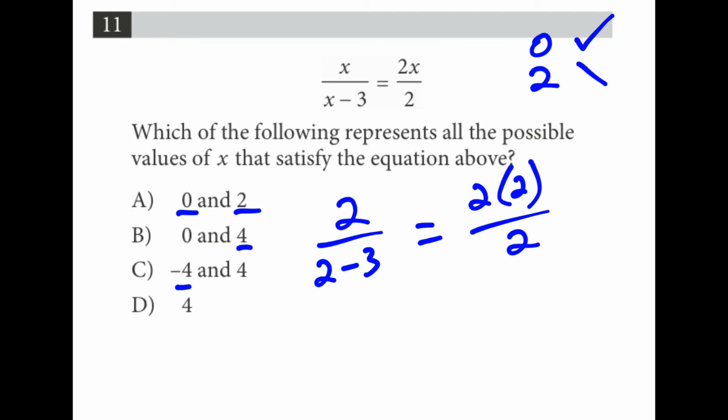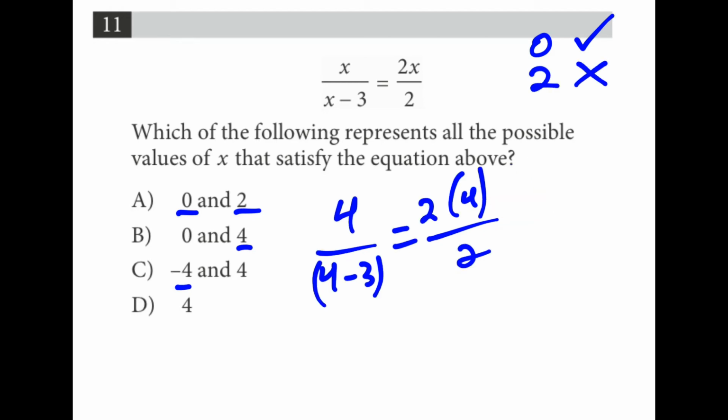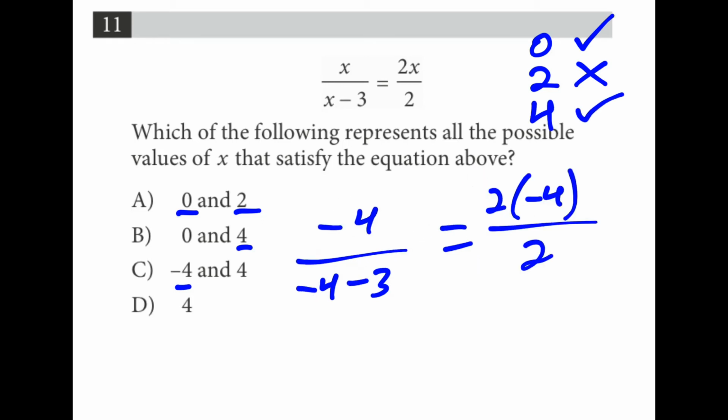So 2 does not work. On the left, I get 4 over 1, which is just 4. On the right, I get 2 times 4, which is 8 divided by 2, so also 4. So 4 checks out. If I try negative 4, negative 4 over negative 7 is not equal to negative 4 here on the right. So negative 4 does not work, which means B is my answer.